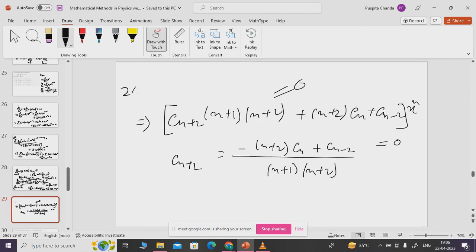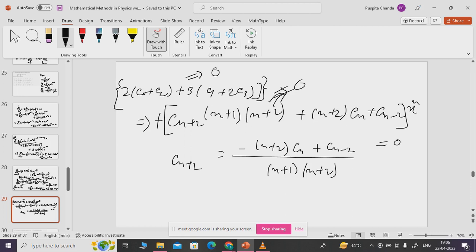So all this will be in the additional term, 2 C0 plus C2 plus 3 into C1 plus 2 C3 plus this thing. So it will be equal to 0, and this extra part will also be equal to 0. So we can say C0 plus C2 is equal to 0 and C1 plus 2 C3 is equal to 0. From that it is conveyed that C3 is equal to minus C1 by 2 and C2 is equal to minus C0.